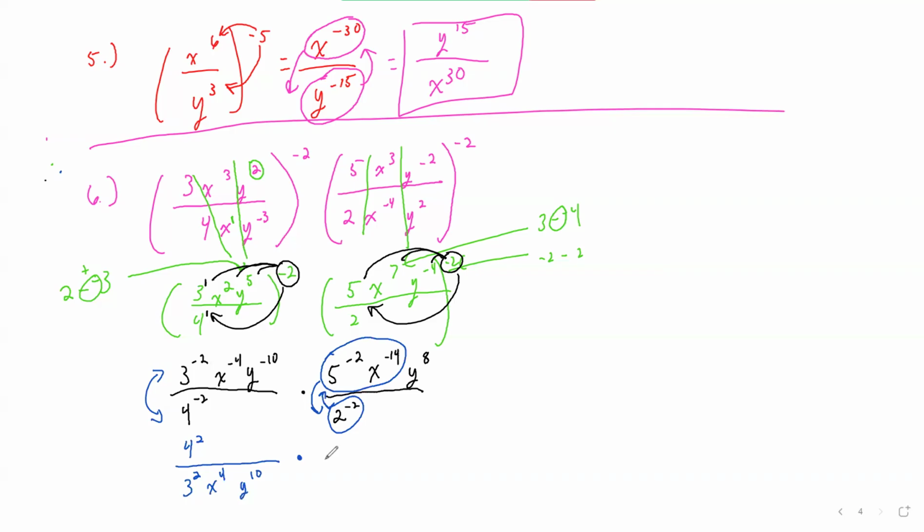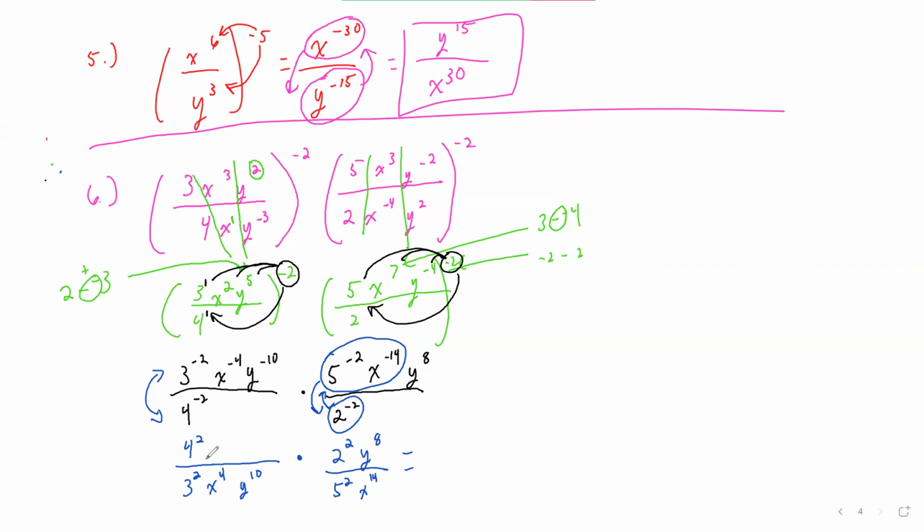So now, sorry. So this becomes 2 to the second power, y8 over 5 to the second power, x to the 14th. Getting there.